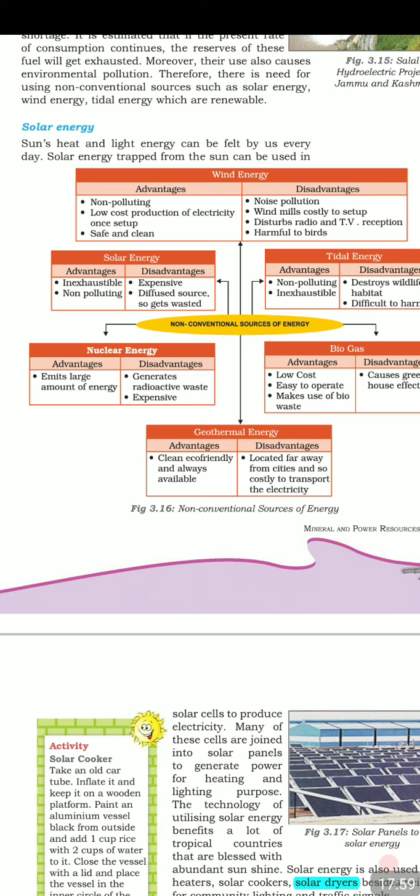Solar energy advantages include that it is inexhaustible and non-polluting. Disadvantages include that it is expensive and a diffuse source, so it gets wasted. What about the competition between solar energy and the present tidal energy, and many others? What about when there is a calamity, like when there is a volcano, then there is no sunshine, right?